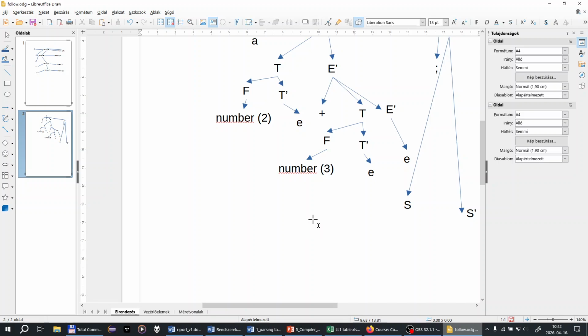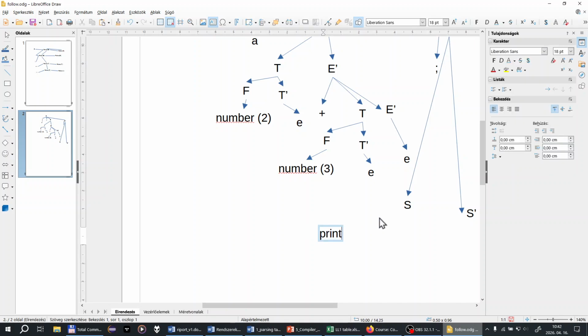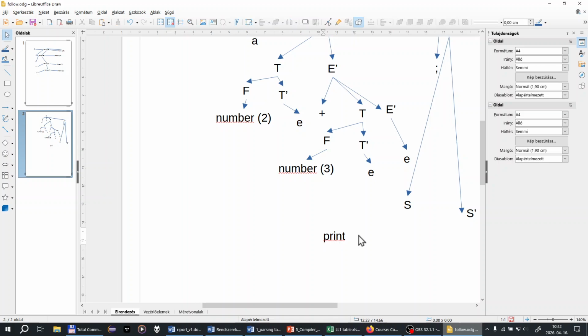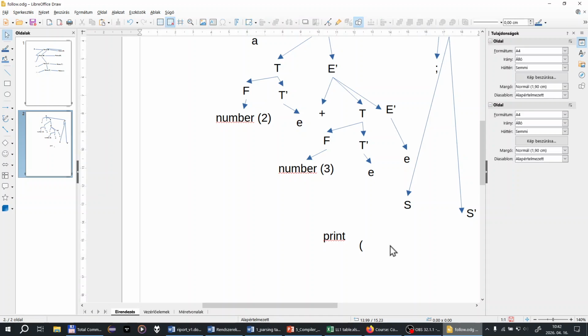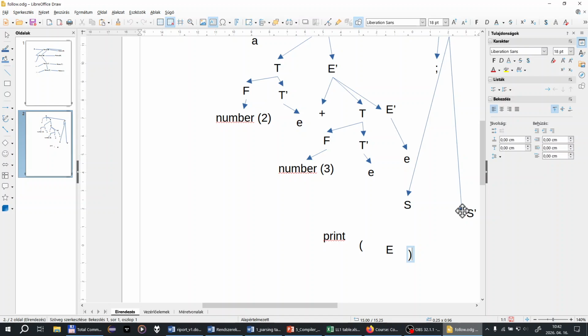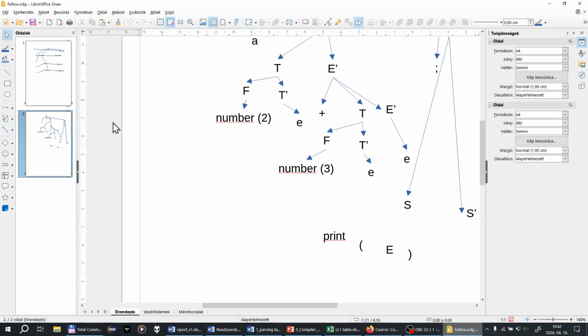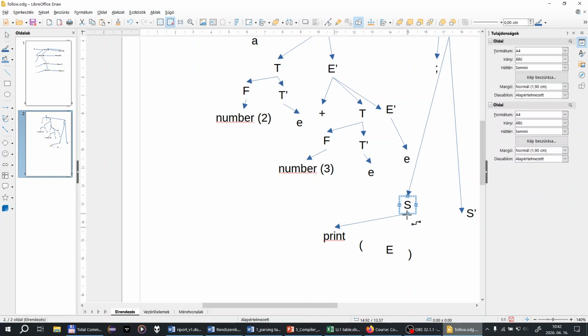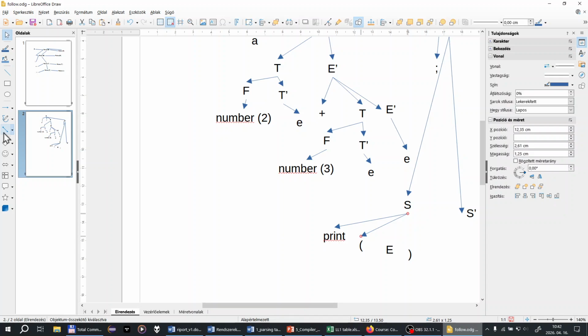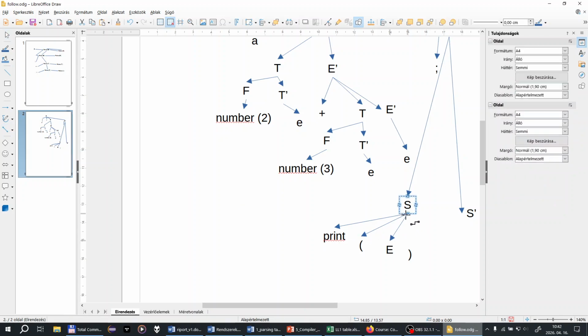So we have print, opening bracket, E and the closing bracket.